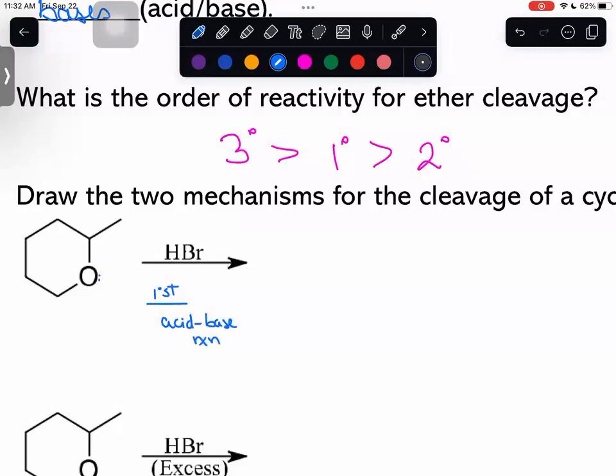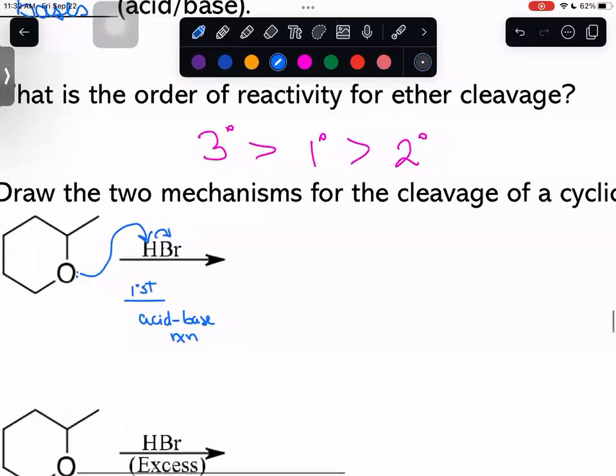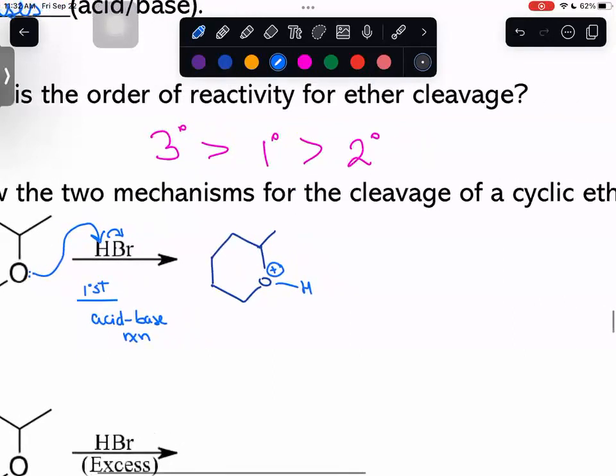Because we want to make that oxygen into a better leaving group so we can promote that cleaving. Oxygen takes that hydrogen, and we still retain that cyclic structure. We added one more bond, so the oxygen has a positive charge now, a pretty good leaving group. And floating around in the molecule, I have Br minus.